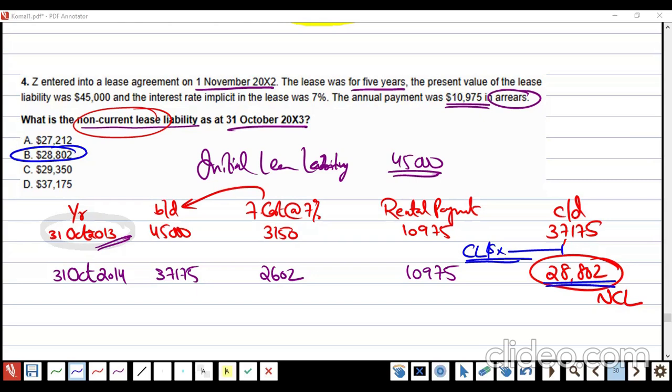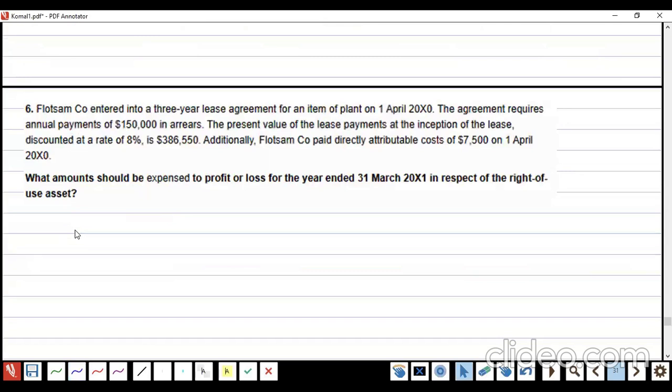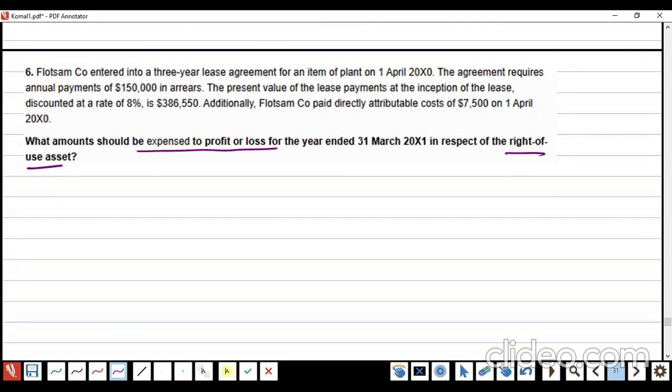Next question. They're asking you the expense in the profit and loss, in respect of the right of use asset.